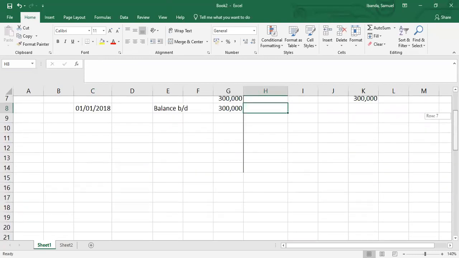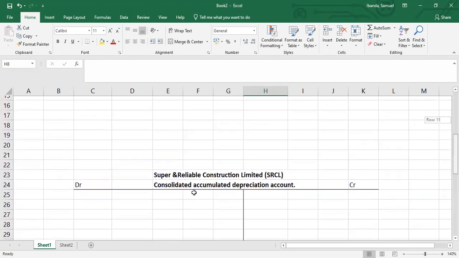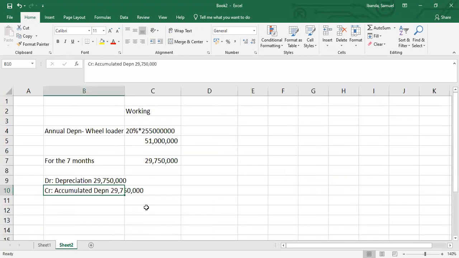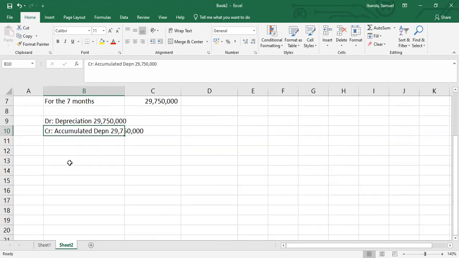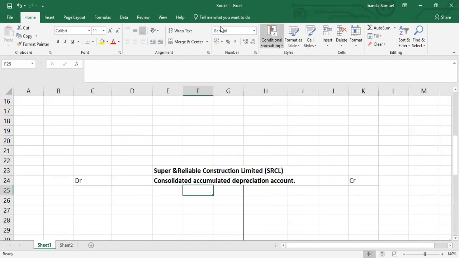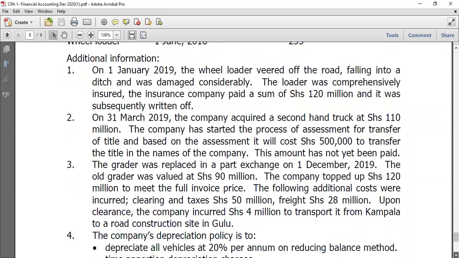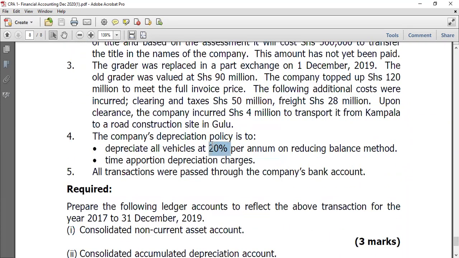Okay, so since this is 2017, we shall also have a component of depreciation. So what I'm also going to do is have depreciation for the grader. Remember, we are depreciating for 2017. This grader was 300 million, and we are depreciating at 20%.